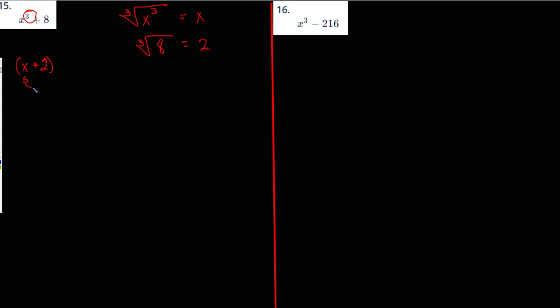Then you square, find the product, and square. And that's the answer. This is always opposite. This is always same.